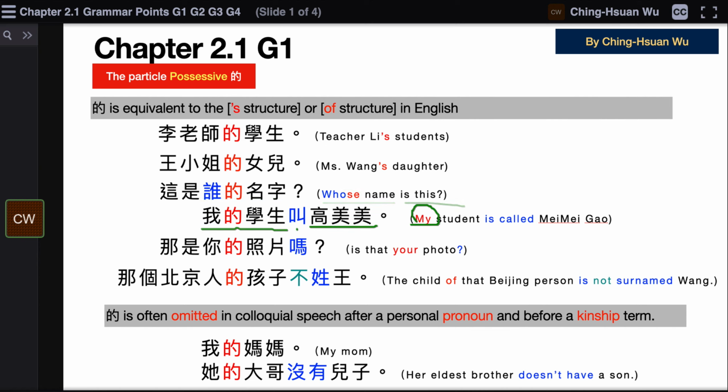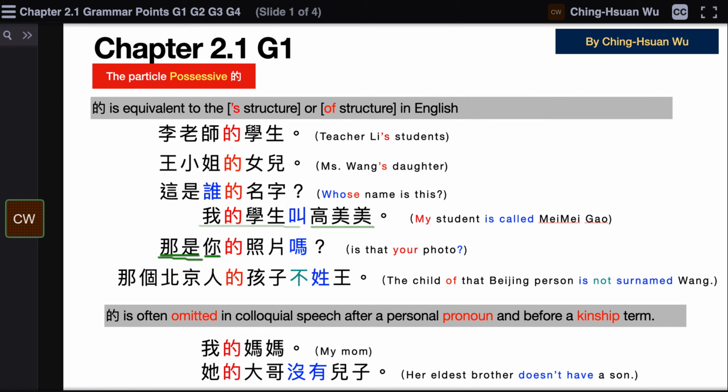My 我的 is my. My student is called 高美美. Again, 我的学生叫高美美. My student is called 高美美.